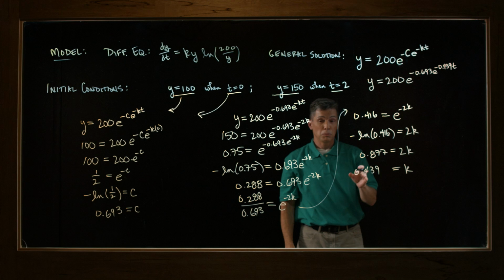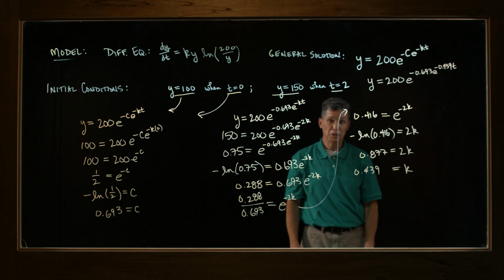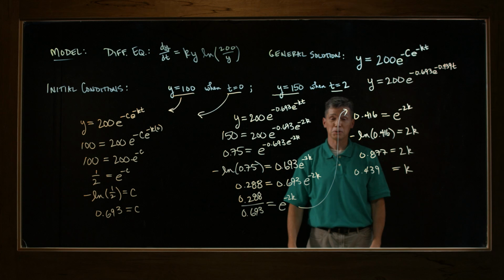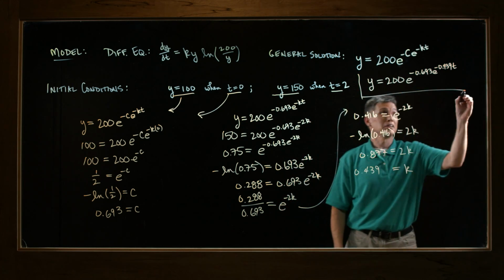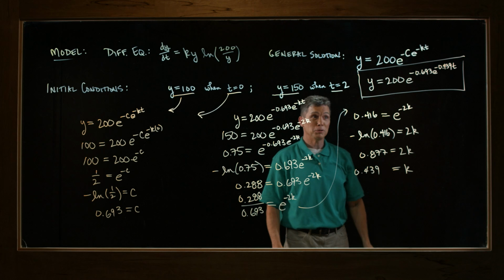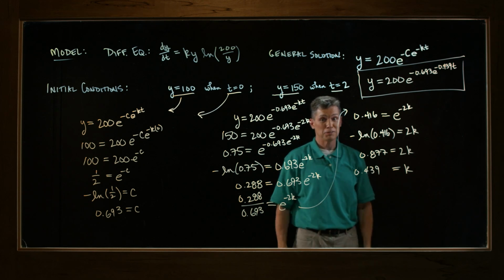And so that gives us y as a function of t, as we wanted, in terms of a particular solution to this differential equation. That was some good algebra exercise, I think. And that would be a wrap on that. Thanks. Hope that helped.